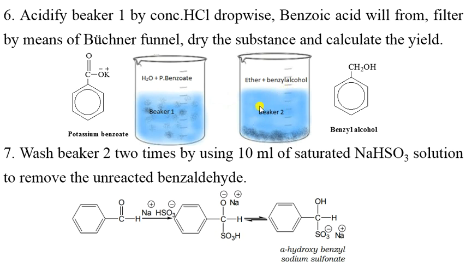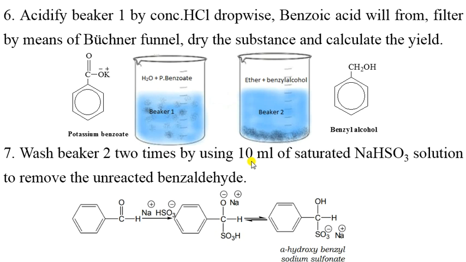This organic layer contains benzyl alcohol, ether, and maybe other organic material like unreacted or excess starting material, which is benzaldehyde. To remove this unreacted benzaldehyde, we have to add sodium bisulfite. So sodium bisulfite reacts with benzaldehyde to produce alpha hydroxybenzyl sodium sulfonate, which is soluble in water.